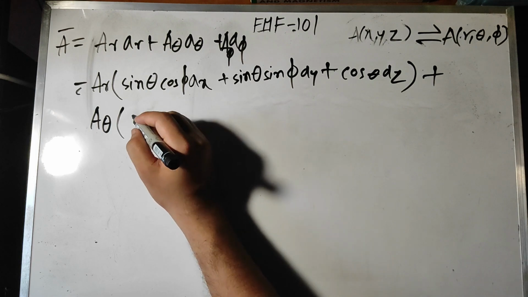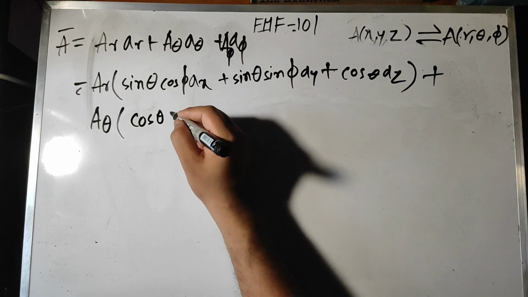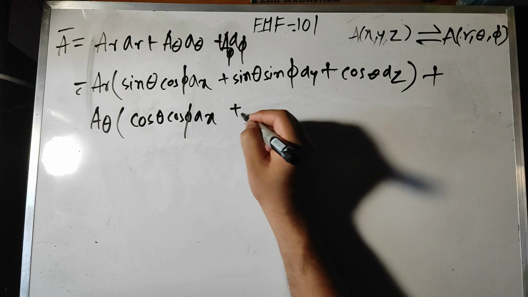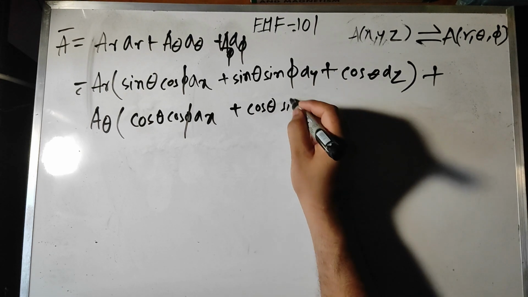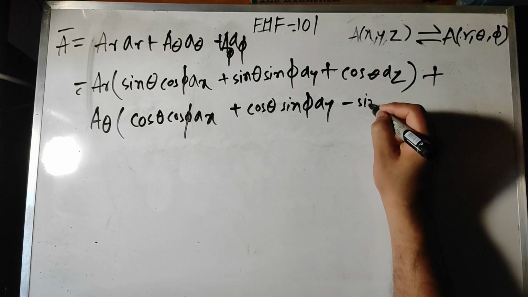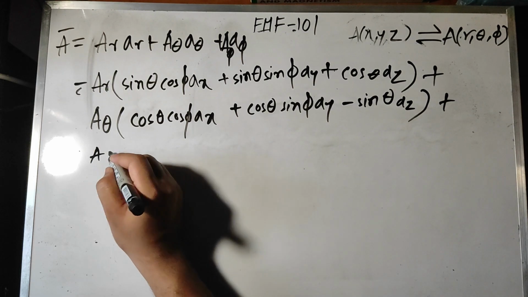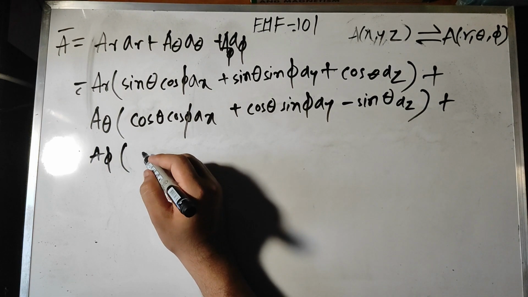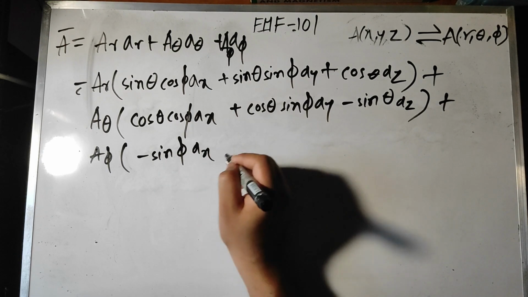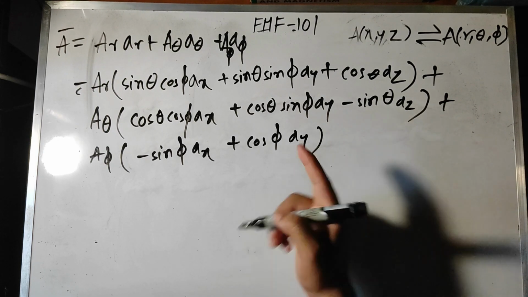So a theta has cos theta cos phi in the direction ax plus cos theta sin phi in the direction ay minus sin theta in the direction az, plus A phi has minus sin phi ax plus cos phi ay.